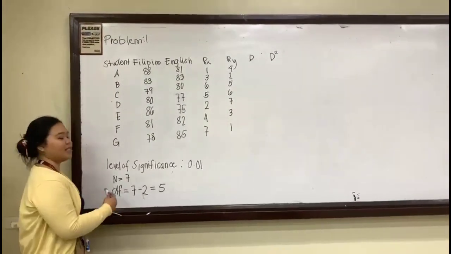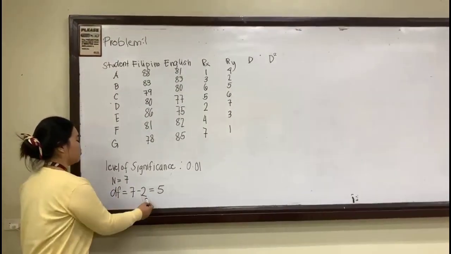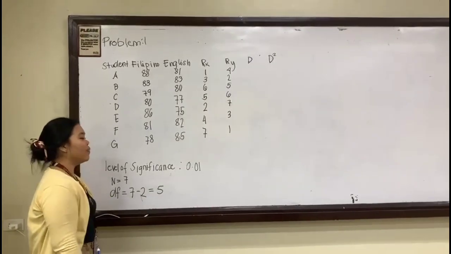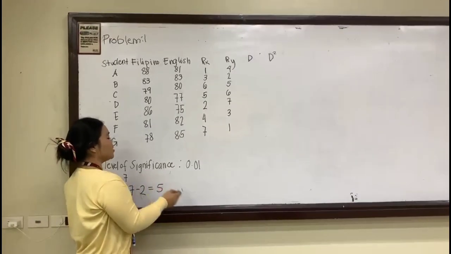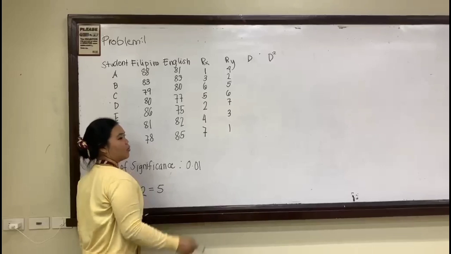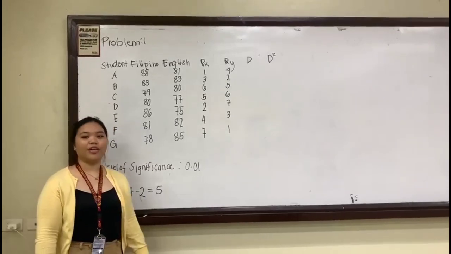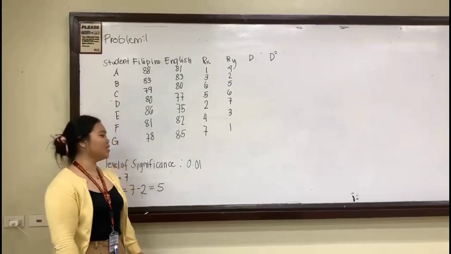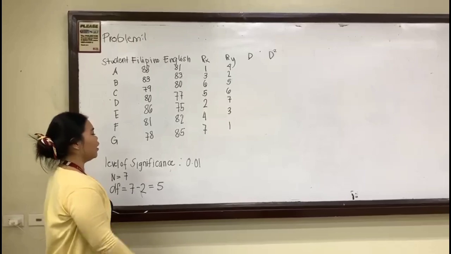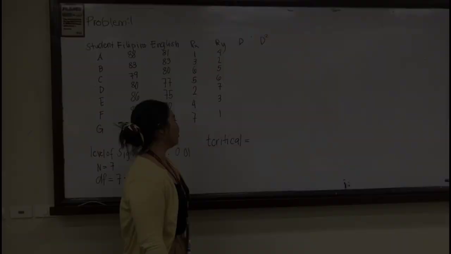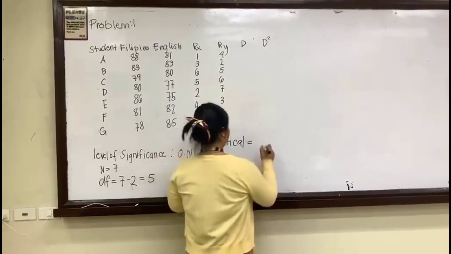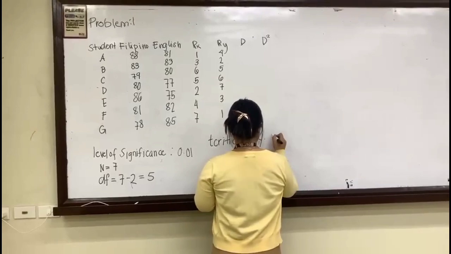Our n is 7, so 7 minus 2 is equal to 5. Our given significance level is 0.01. Let's go to our table and find the value of 0.01. Our t critical is equal to 4.0.